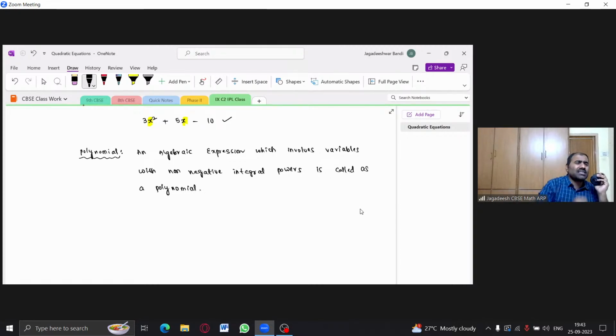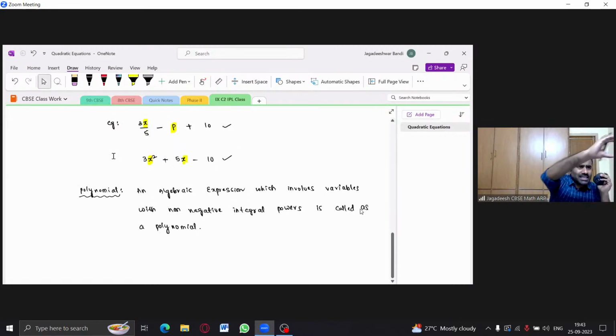So already we have discussed what is an algebraic expression, or we have seen how an algebraic expression is formed in the previous case. So let me take the same example. Please observe carefully, but I want to change the variable. So 3x square minus x plus 10.